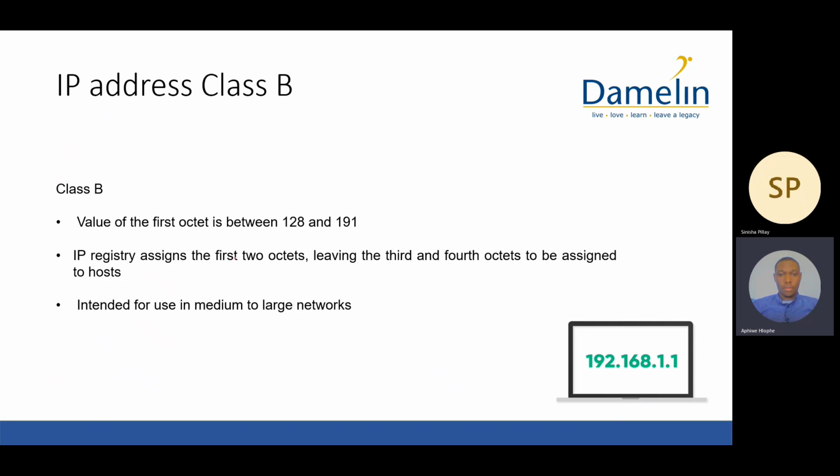The IP registry assigns the first 2 octets, leaving the 3rd and 4th octets to be assigned to hosts. So in a typical network, this part then will be reserved for a class B IP address because the IP registry assigns those. Okay, intended for use in medium to large networks.